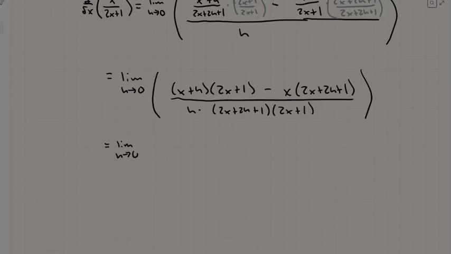So we're going to take the limit as h approaches 0 of, and so then that's going to be 2x squared.